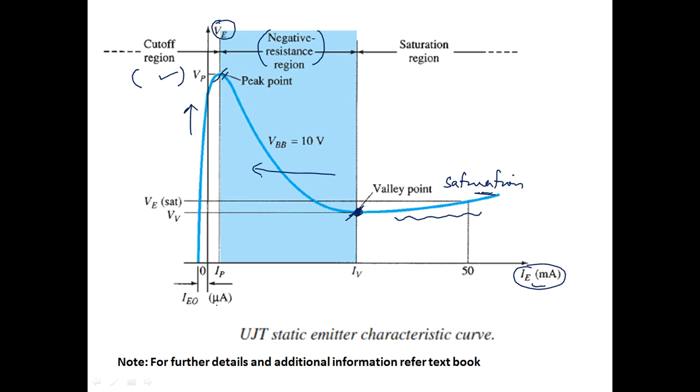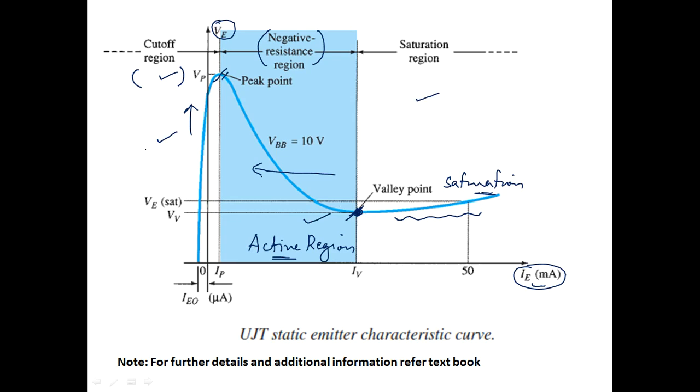Now the point is, where do we have the active region? Well, the active region is exactly in between the cutoff region and the saturation region. So this blue shaded region represents the active region. Similar to our normal transistor, we have all three regions: the cutoff, the active, and the saturation region.